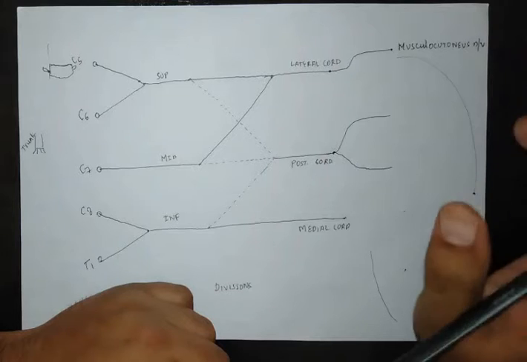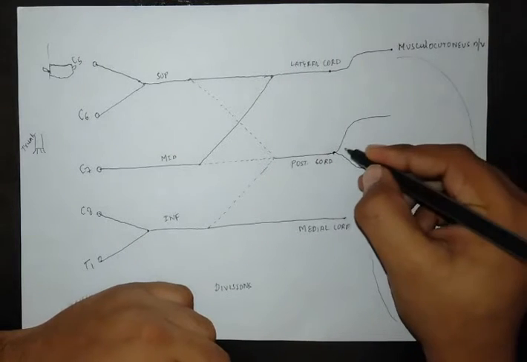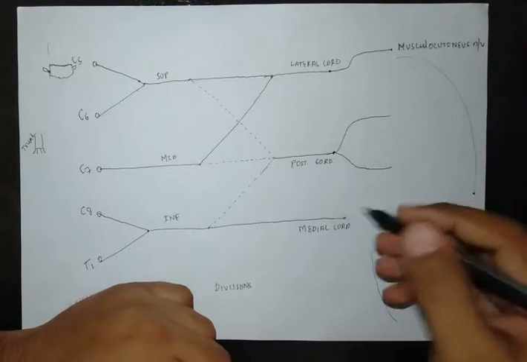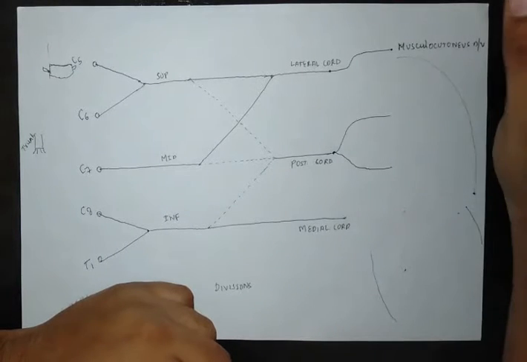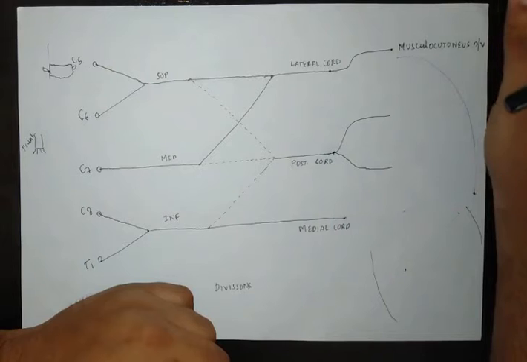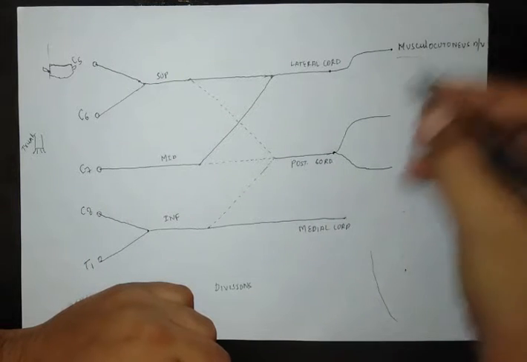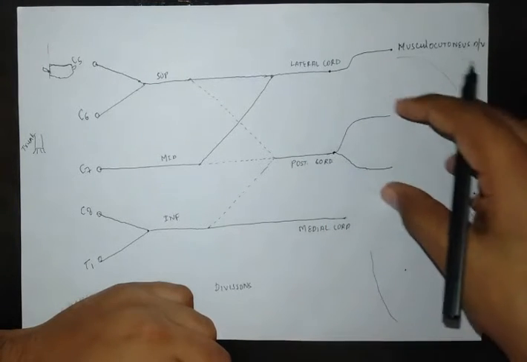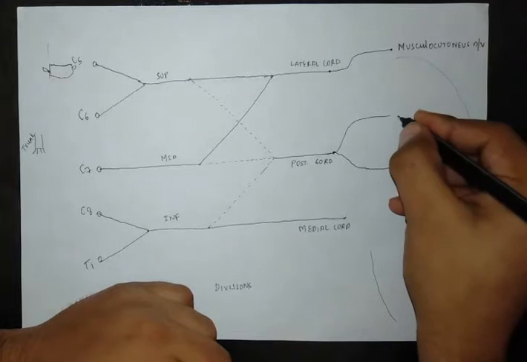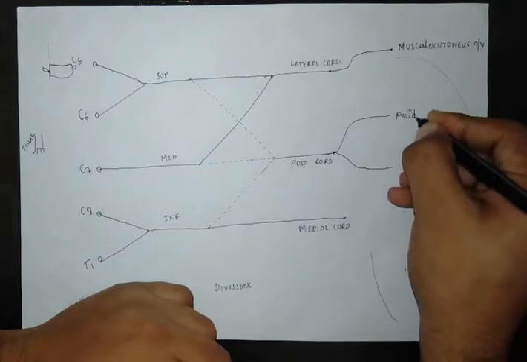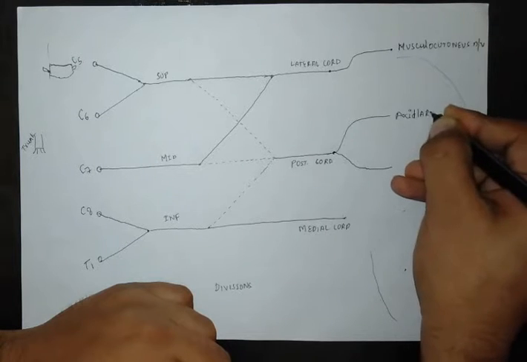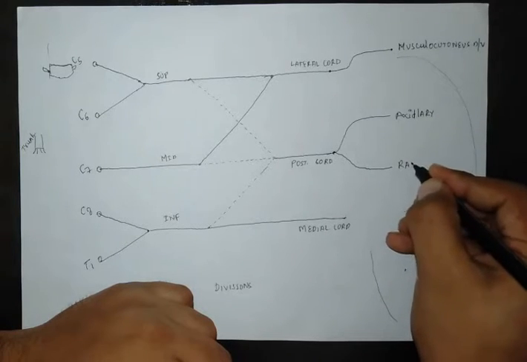I'm not giving you any ABCD, just understand simply. The posterior nerves will obviously arise from the posterior cord. Again, being a brachial plexus, I would want to keep things simple. So my posterior cord gives the two well-known posterior branches, which are the axillary and the radial nerve.